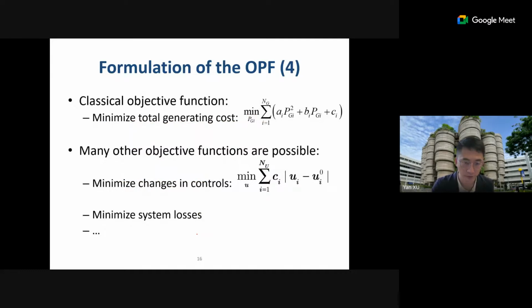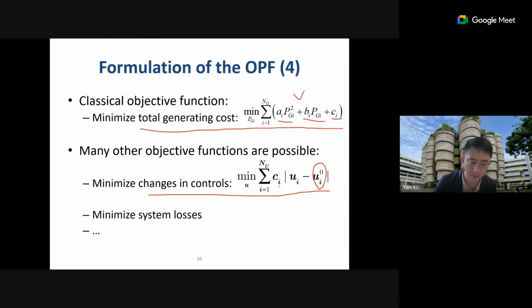Then objective functions. Traditionally we minimize the total generation cost. Similarly here, you can see we use these quadratic functions. But besides, the OPF can also model other control objective functions. For example, sometimes we want to minimize the change in the control variables. Originally, we have an operation status of the system. Sometimes we want to change it to satisfy a constraint, but we want to minimize the change.